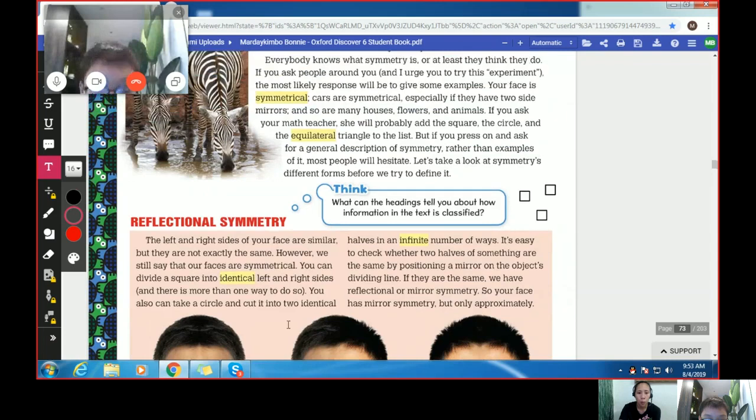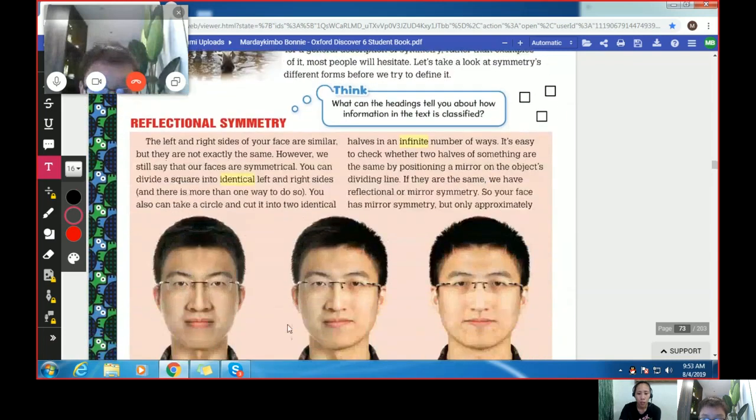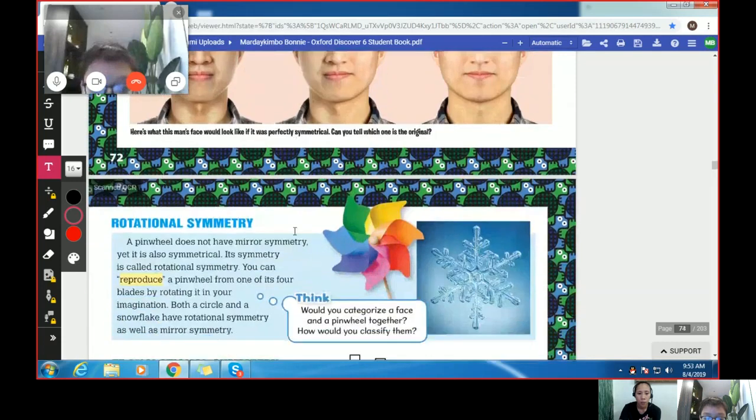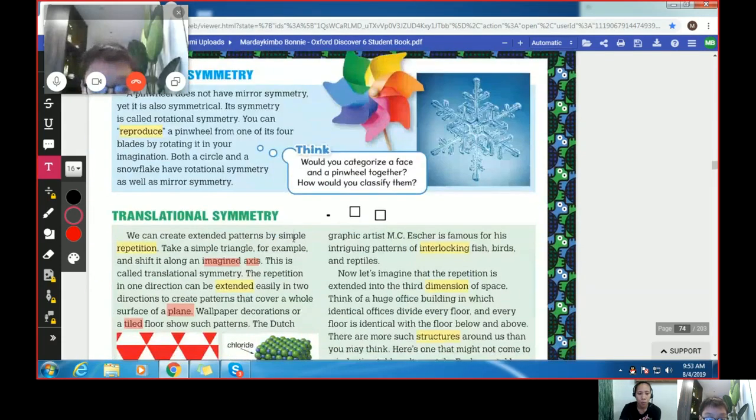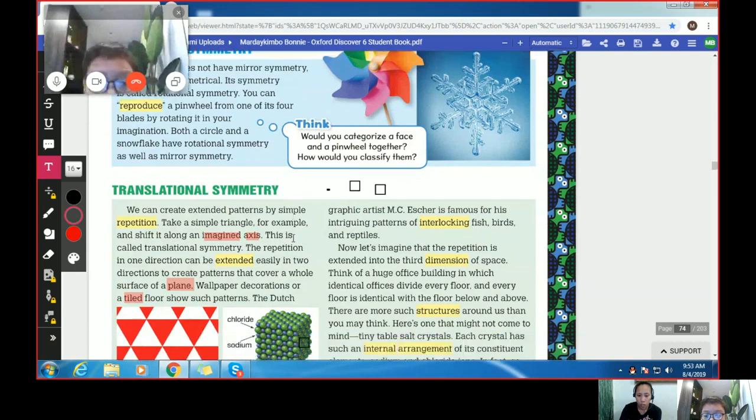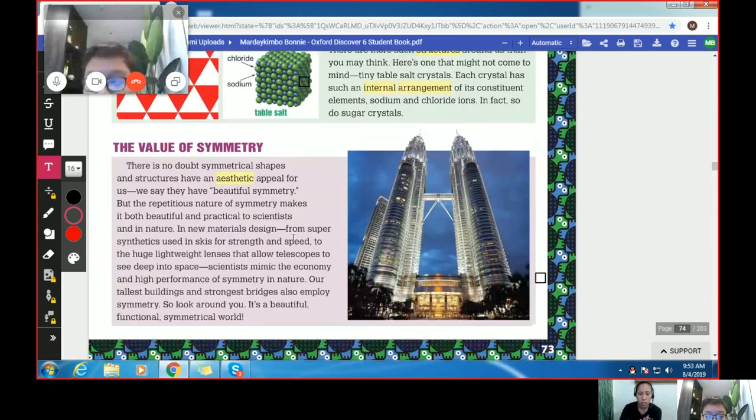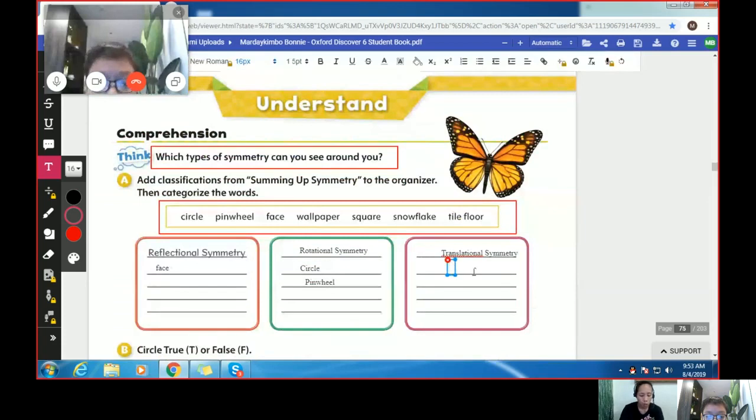You can't see the wallpaper. Hold on. Let me find it for you. Oh, I see. It's in translational symmetry. Okay. Very good. Translational it is. So I'll put wallpaper here.